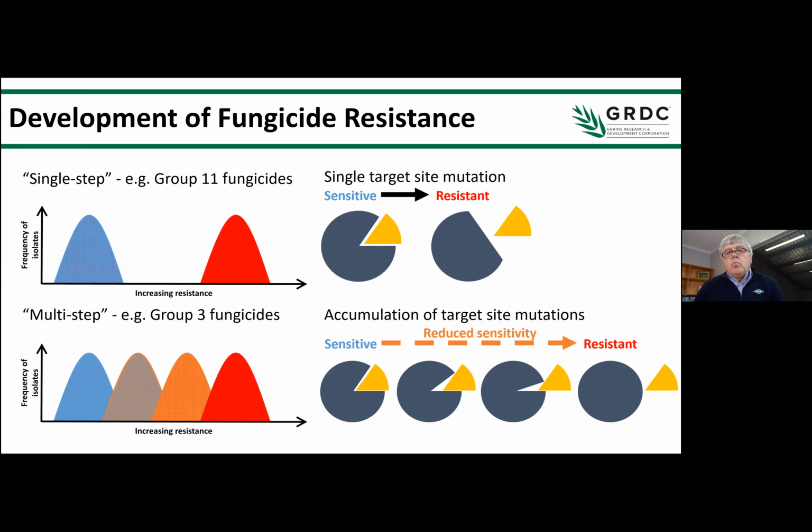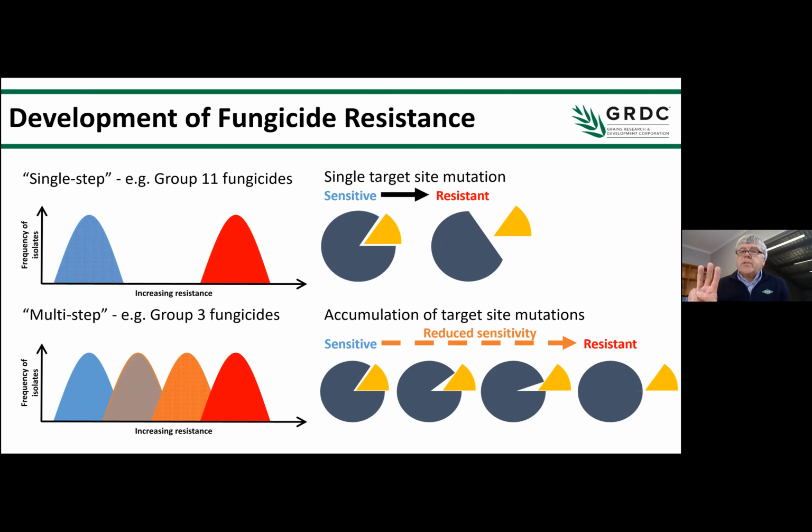One of the things with resistance, and we have a great example in Europe, in New Zealand, of what we refer to as QOI, or Group 11 fungicide resistance, is that the Septoria pathogen has resistance to the QOI or strobilurin fungicides. Now that resistance was acquired, say, in New Zealand, and I was there for the 3 years that it took effect.